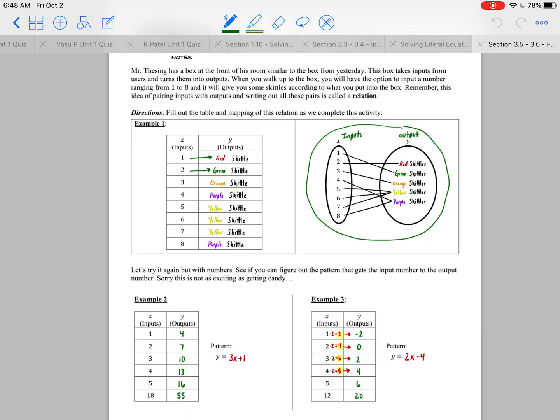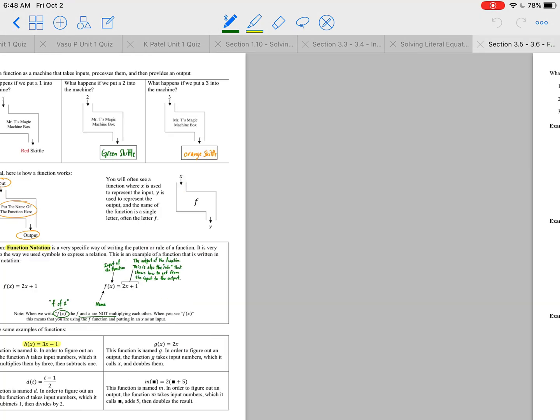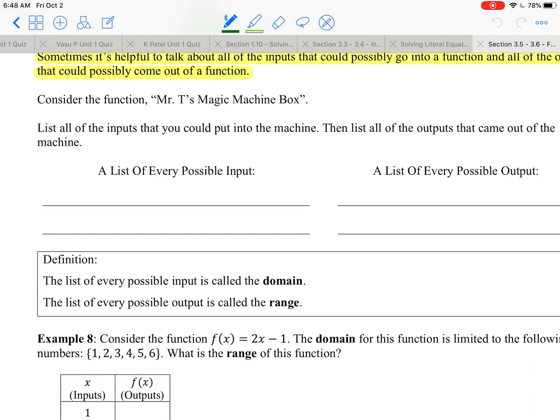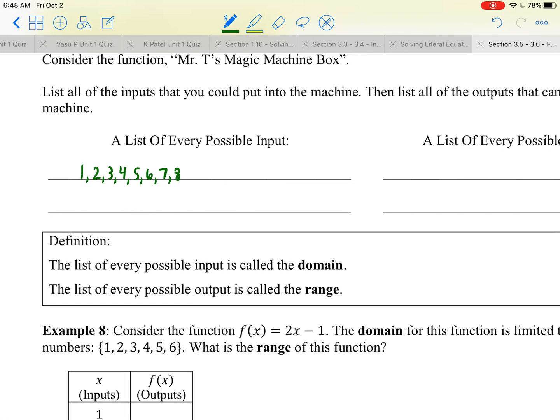It was just all the cards that were on the table. So you could have put in 1, 2, 3, 4, 5, 6, 7, or 8. You couldn't put in a 9 because I didn't have a card out there that had a 9 on it. So this is a list of all the potential inputs for that function from yesterday.